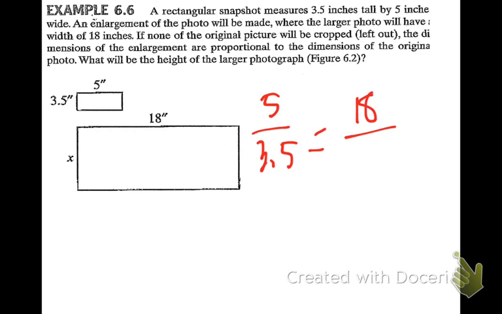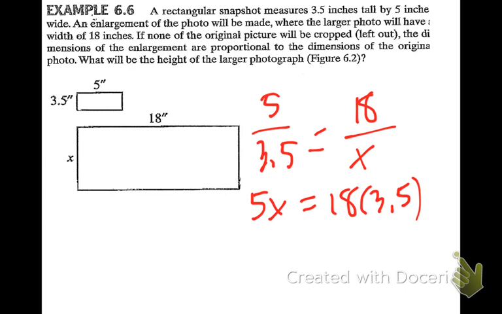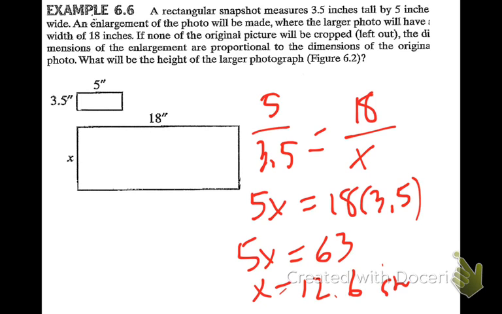You can set it up that way. There's a number of ways you can set it up, but we can set it that way. So then we cross multiply, and we're going to get 5x equals 18 times 3.5. So 5x equals 63. So x equals 12.6 inches. Questions?